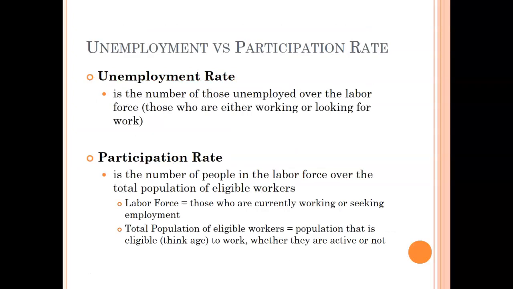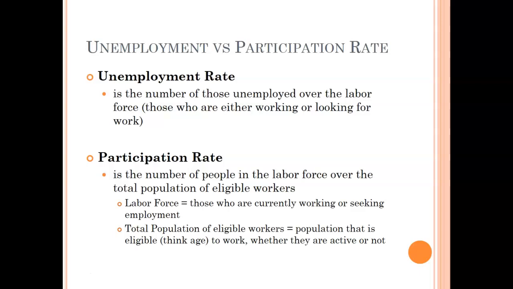So we have a thing called the unemployment rate and the participation rate. These are a couple different numbers. The unemployment rate is the number of those unemployed over the labor force, just what we've been talking about. The participation rate, and this is just for academic interest, for our class we'll use the unemployment rate. The participation rate is the number of people in the labor force over the total population of eligible workers.